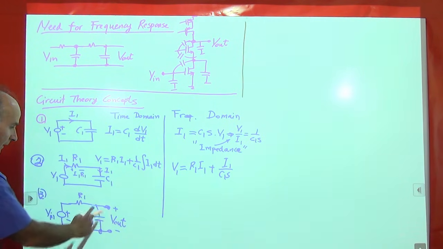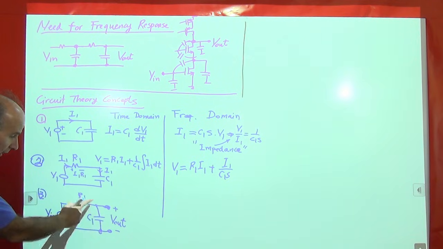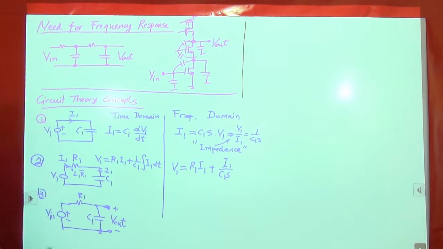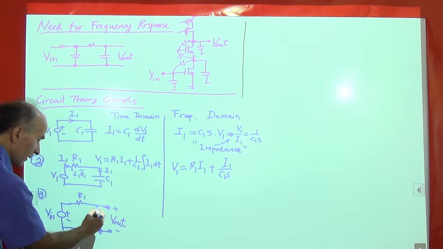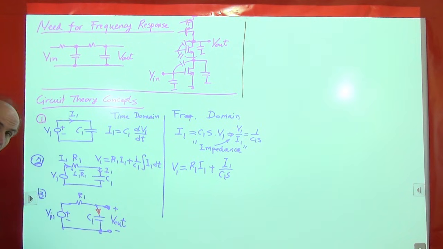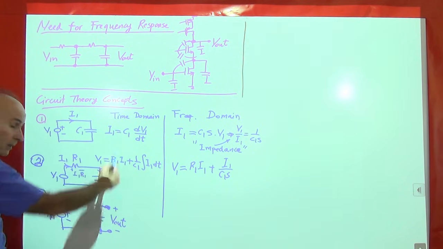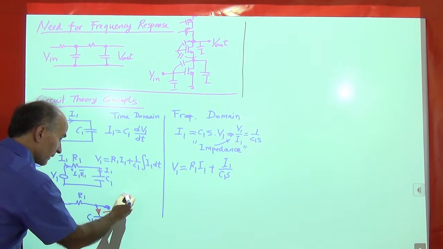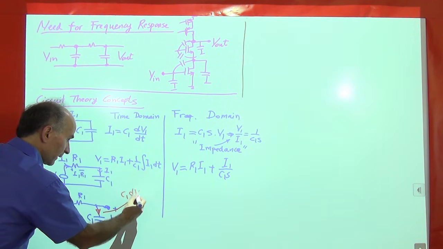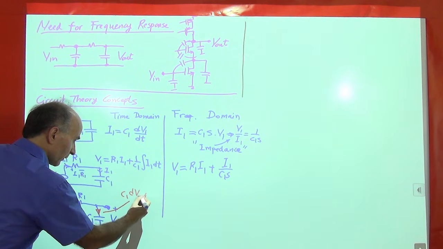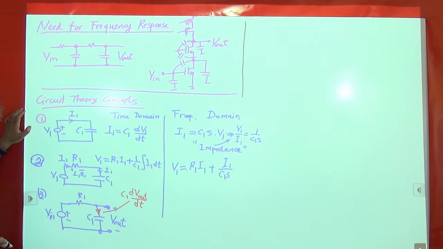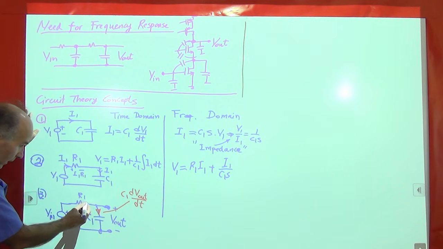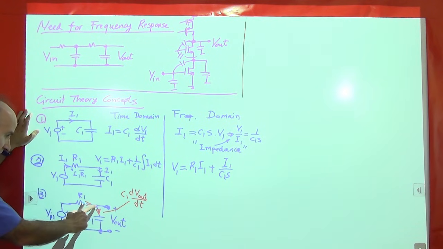How do we do that? Well, if this voltage is called V out, how much is the current through C1? I'll change the color to red. This current is given by this equation. So that current is C1 dV out over dt. That current now flows through R1 because it has nowhere else to go.